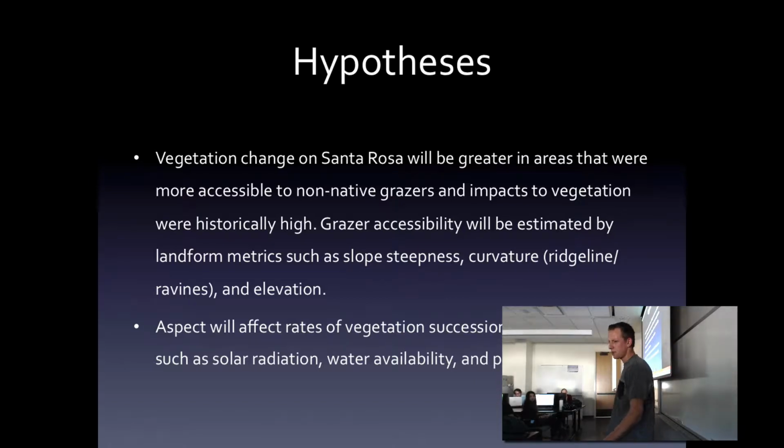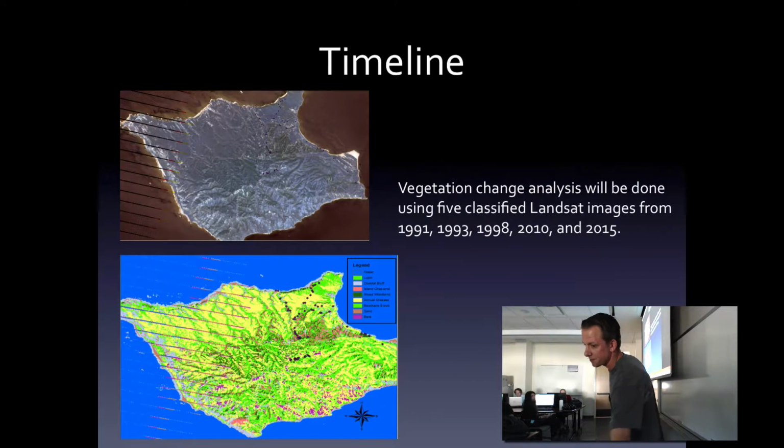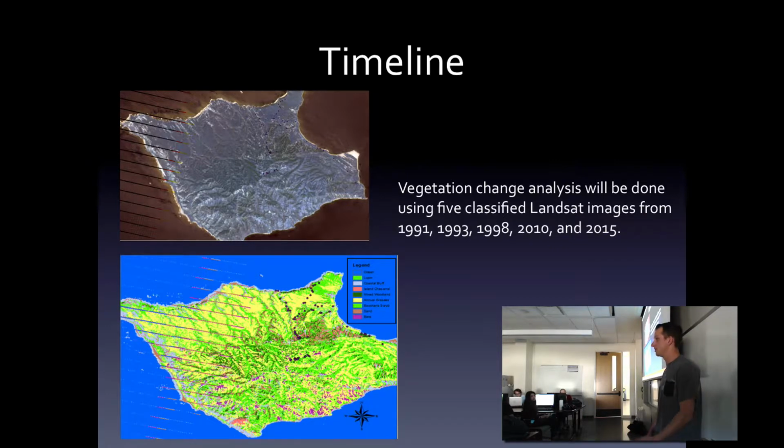Other things that will affect the vegetation change will obviously be aspect because of the prevailing wind, because of solar radiation, because of water, and stuff like that. It's an ongoing timeline project, so right now I just finished a 2015 vegetation map, and that's the bottom one.